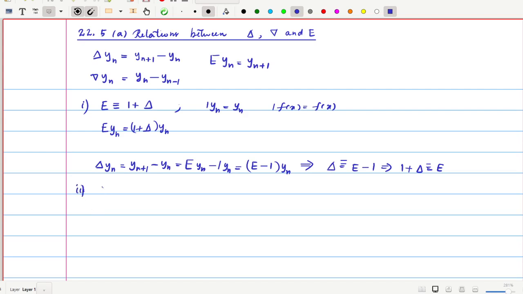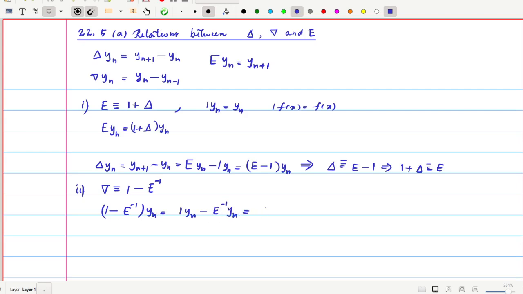Now secondly we define del. What is the relation between del and E? Del can be written as 1 minus E inverse. We know that 1 minus E inverse of yn is equal to 1 of yn minus E inverse of yn.